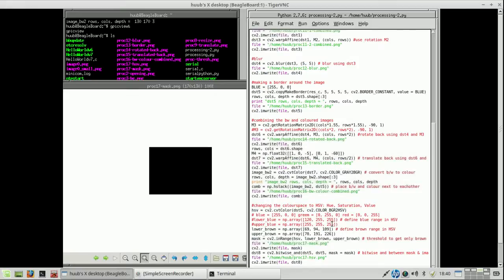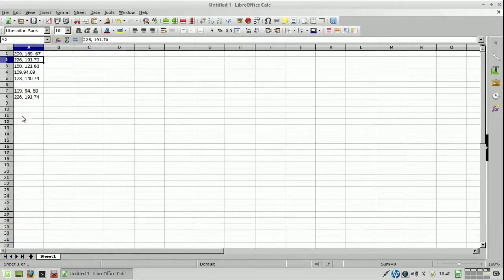So I may do something like here. Let me go to the spreadsheet. Do the opposite from what is happening here. And then the question is, of course, which are the opposite numbers?